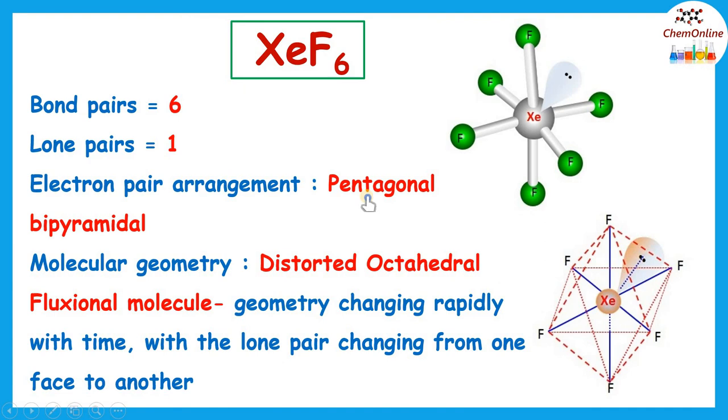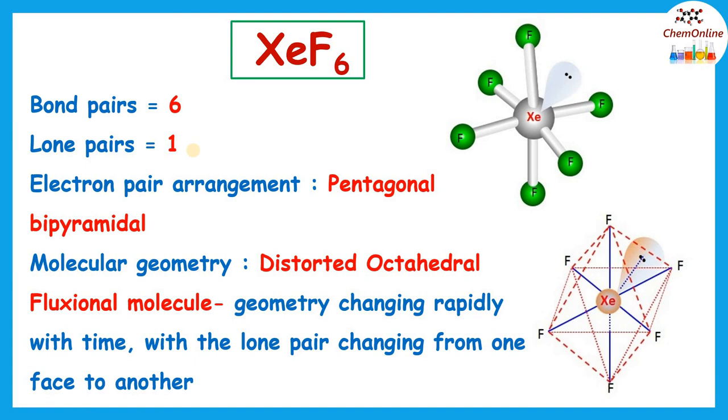And the last one is XeF6. Out of the 8 valence electrons in the xenon atom, 6 electrons will form 6 bonds with the fluorine atoms. So the number of bond pairs is 6, and the remaining 2 electrons form 1 lone pair. So total 7 electron pairs.